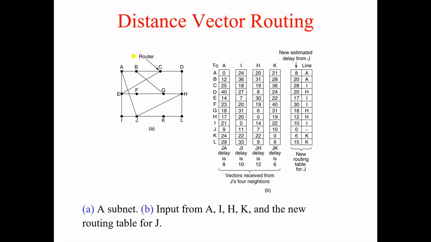The distance vector routing algorithm is sometimes called by other names. What are the other names? Bellman-Ford and Ford-Fulkerson algorithms. It was the original ARPANET routing algorithm and was also used in the internet under the name RIP.